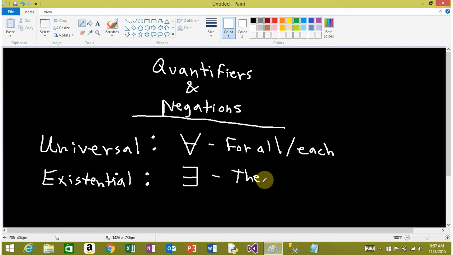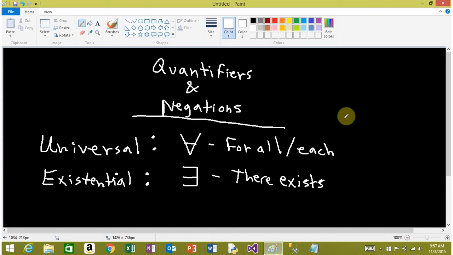Just like the word existential, there exists. We can find something or choose something. So there is something that we're looking for. That's the existential quantifier. And the universal quantifier, in contrast, is considering everything, for all or for each, the whole.